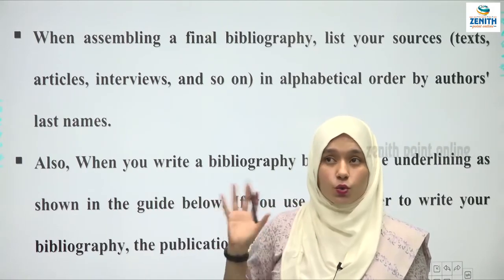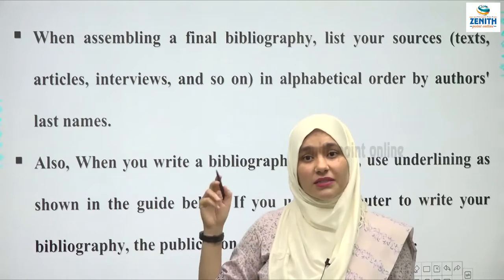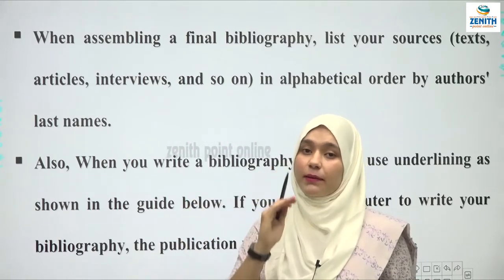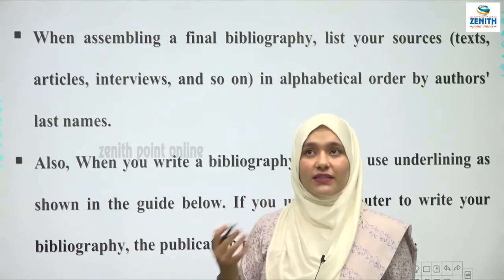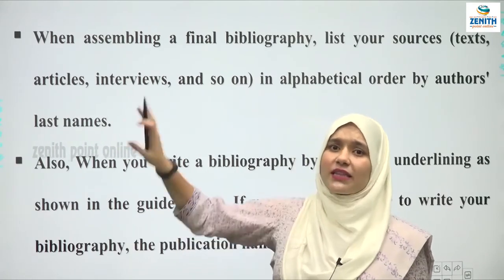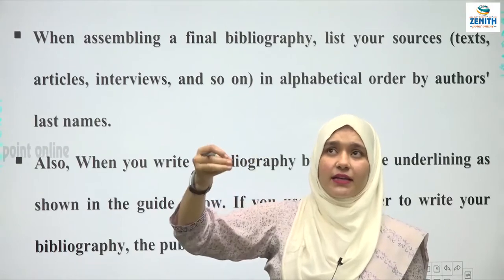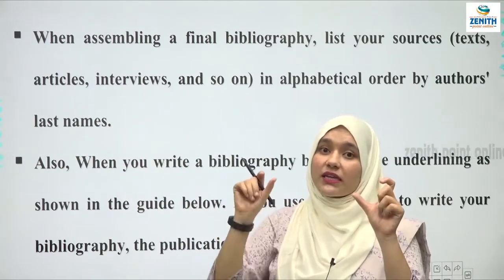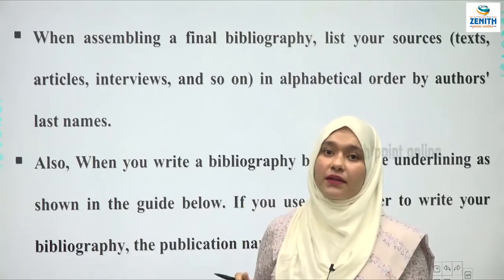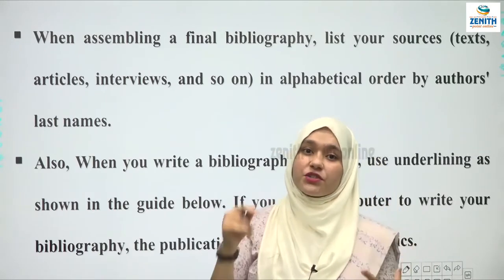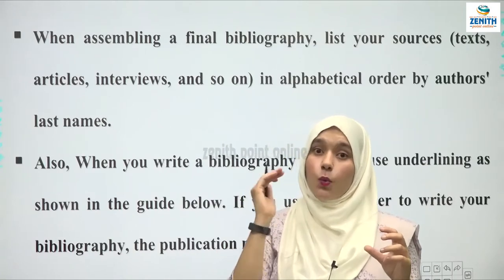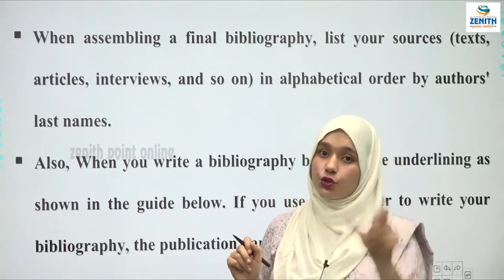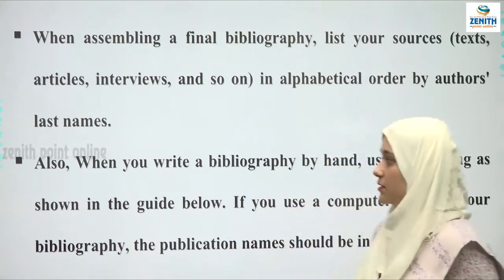For example, if there are two people, Sunanda Singh and Akansha Jain, then depending on the initial letter of the surname, we should decide the order of the list of your references.